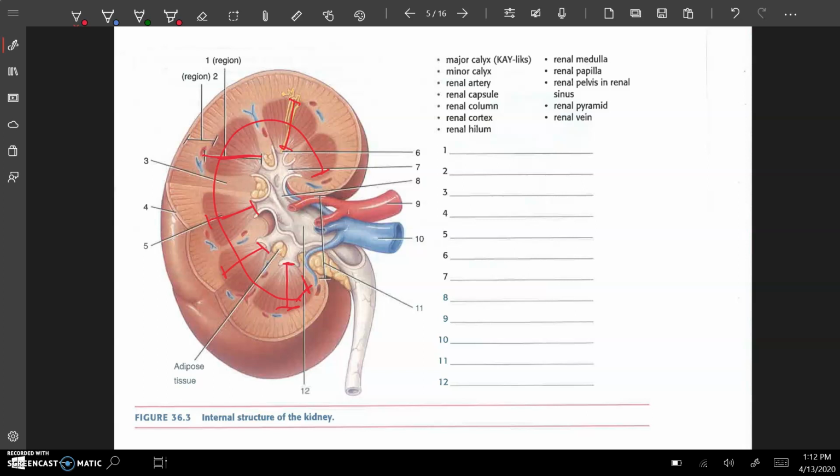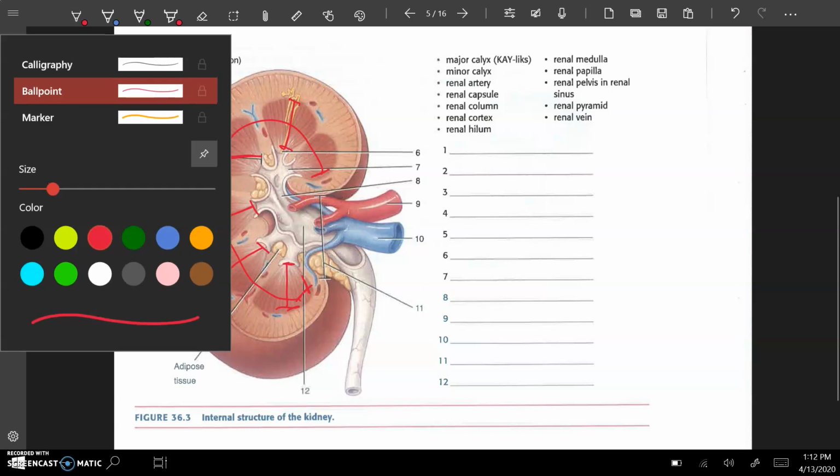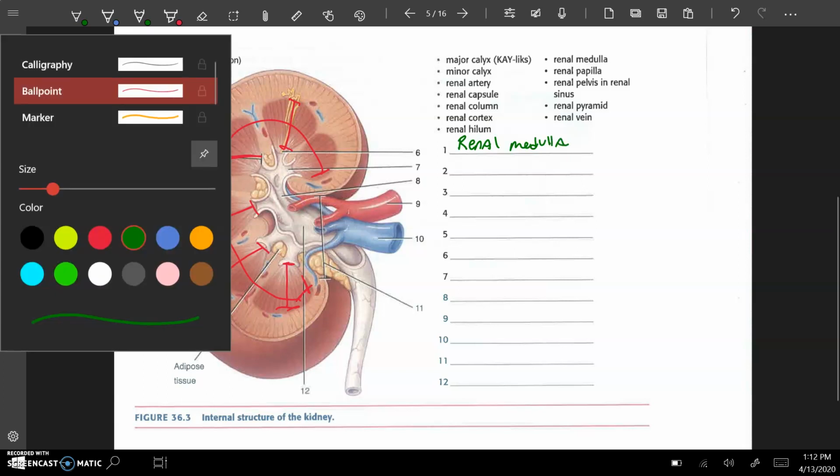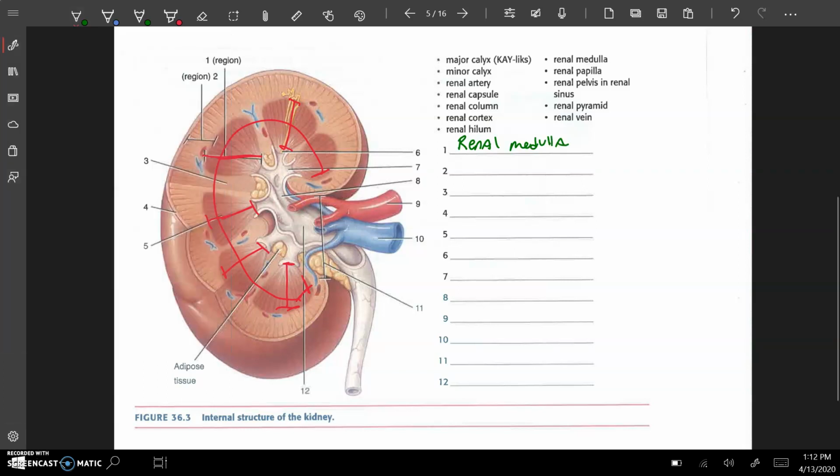We're going to call that the renal medulla. I'm going to erase that so it's nice and clean. That whole inside section is the renal medulla.